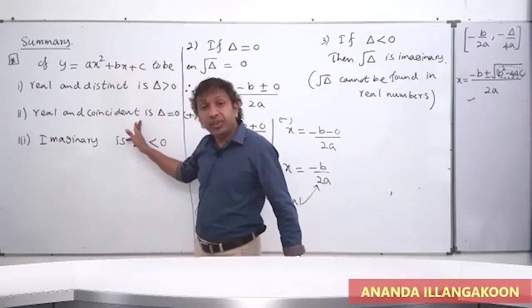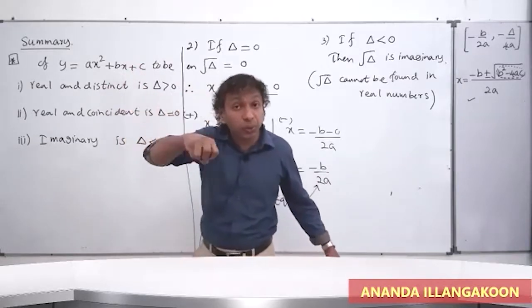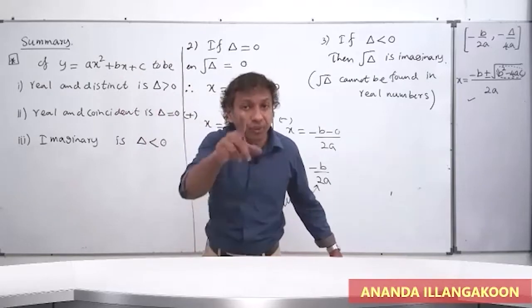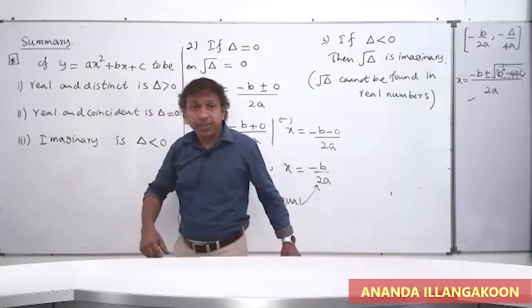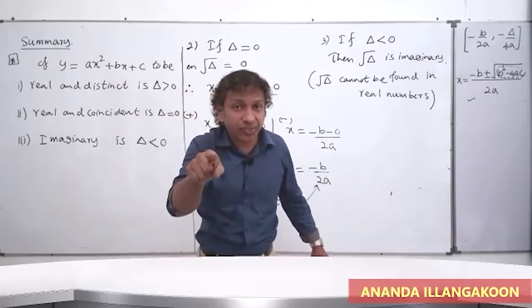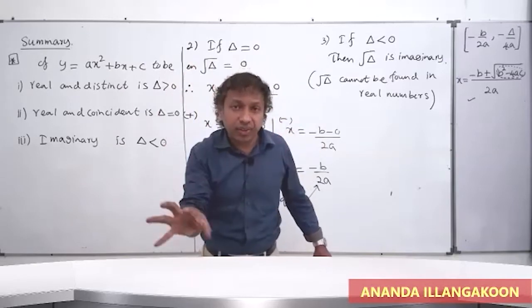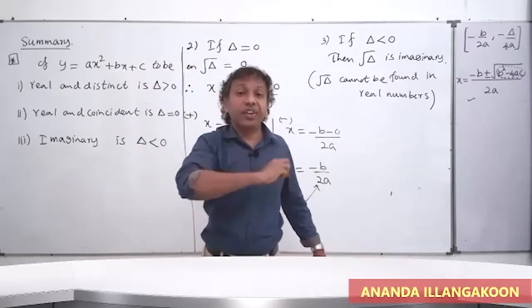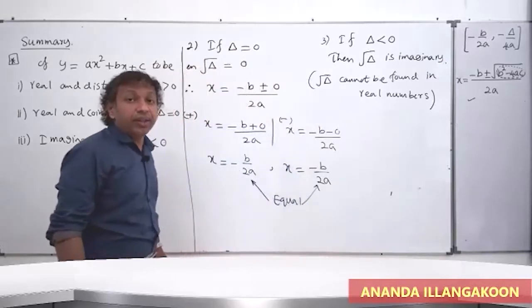In this case, roots are equal. But in both occasions, the roots are coming in real numbers. So you can see the quadratic function has real roots at 2 occasions. What are the occasions? When delta positive or delta equals 0. That quadratic function has real roots. We'll write that as our last step right now.